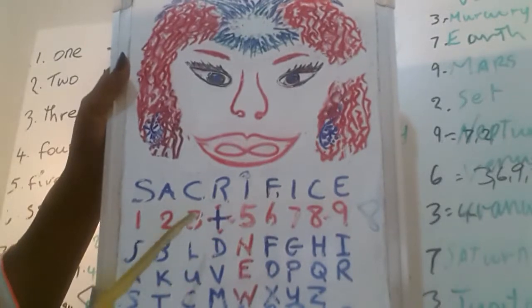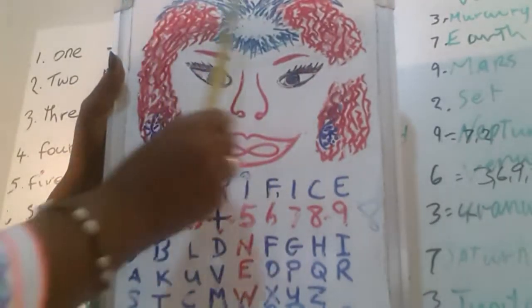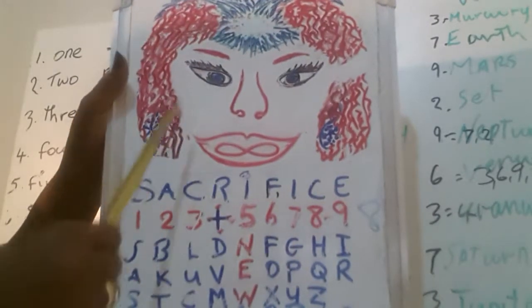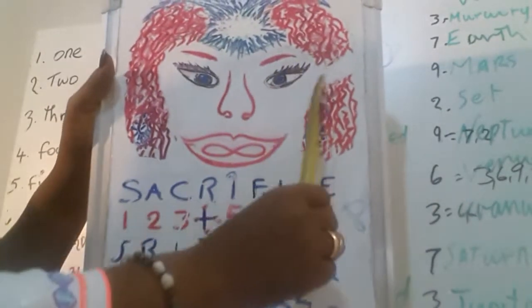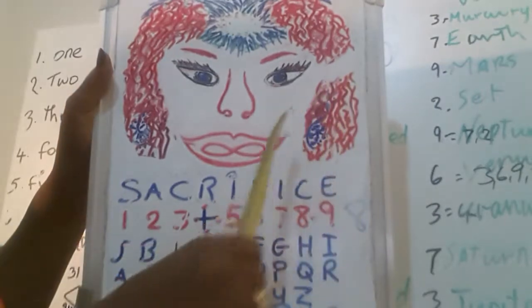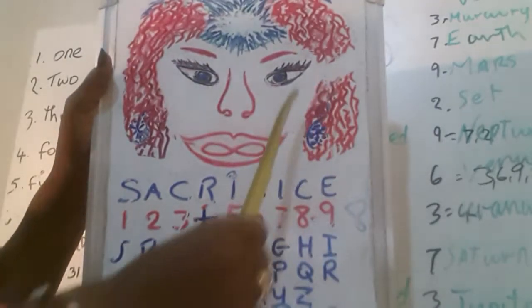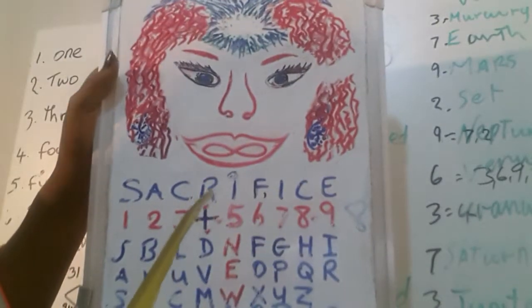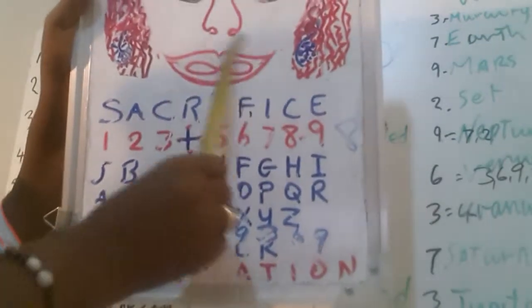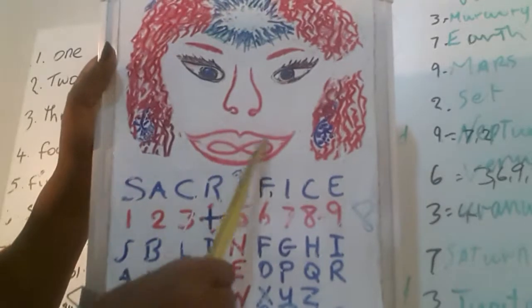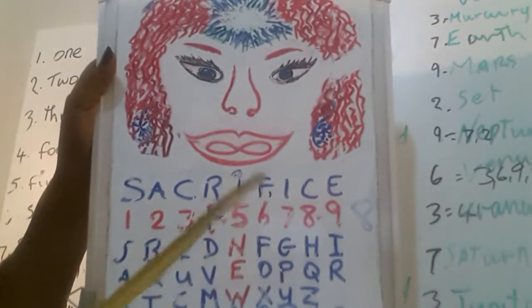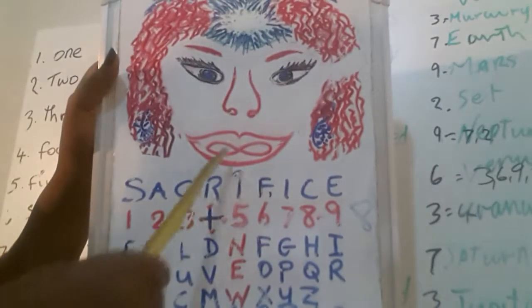By the way, if you are new to this channel, this is a depiction of Mother Eve's hair. We have had several faces. Of course, the hair seemed to have been rubbed off because I've been handling this, but we could see it as an invisible bow. Okay, this is the mouth, which Mother Eve represents as the serpent, or as we were told that Mother Eve ate of the fruit.